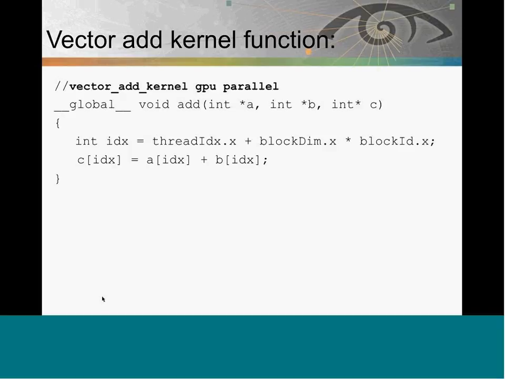I say idx, that determines which thread is going to run this instruction. So it is going to be the thread ID: threadIdx.x plus blockDim.x multiplied by blockIdx.x. And that will give the thread number for n divided by 256 multiplied by 256. So each thread will have a different index number and it will execute this instruction that many times.